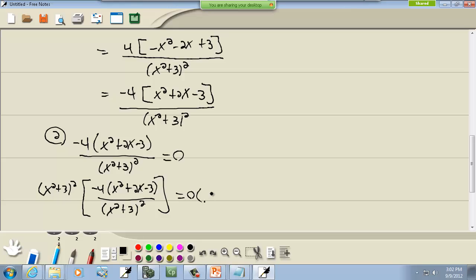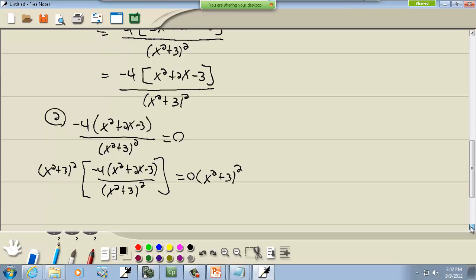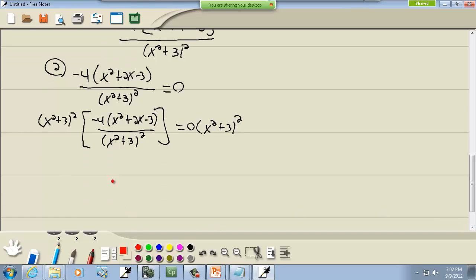When we do that, the x squared plus 3, all of it squared, is going to cancel, and we're left with negative 4 times x squared plus 2x minus 3. And 0 times anything is 0.